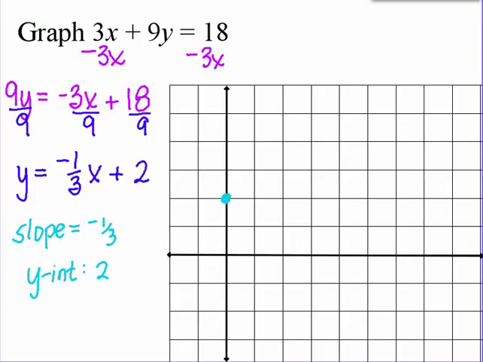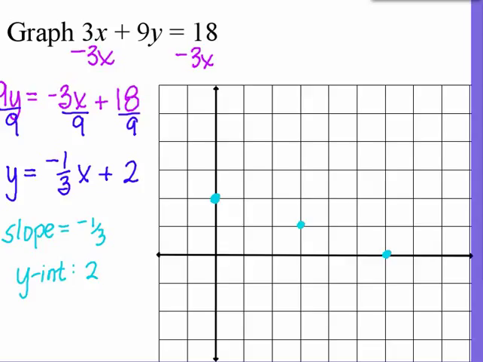What does the slope of negative 1/3 do? Go down 1/3. Down 1/3, down 1/3. Connect those dots. And there you go. Questions? We've got two more we're going to look at.